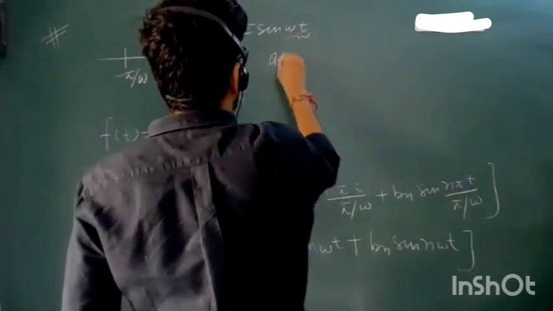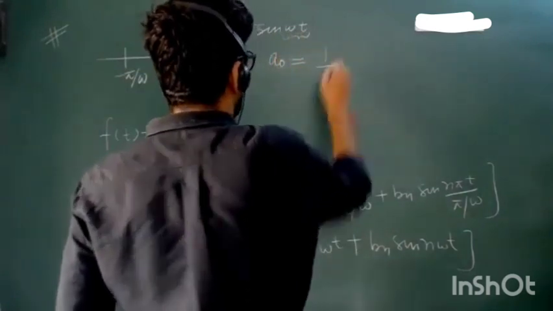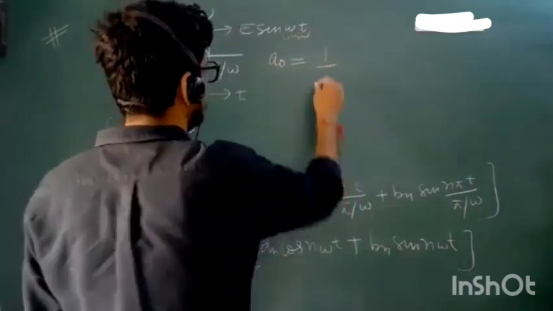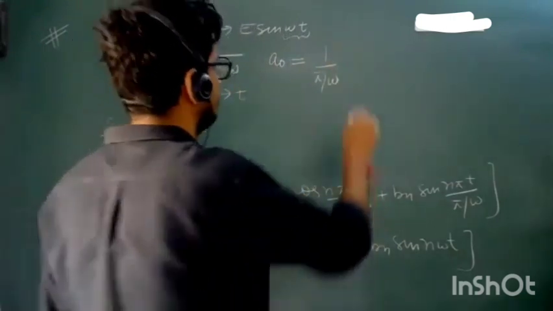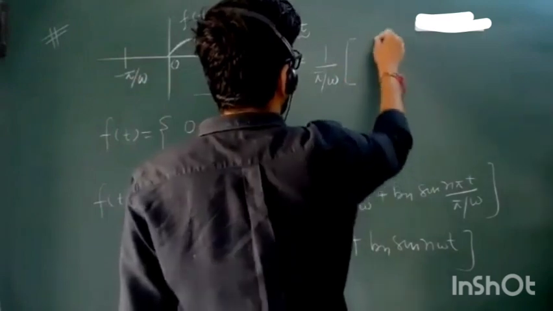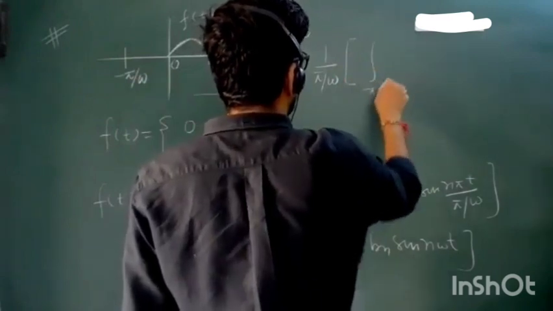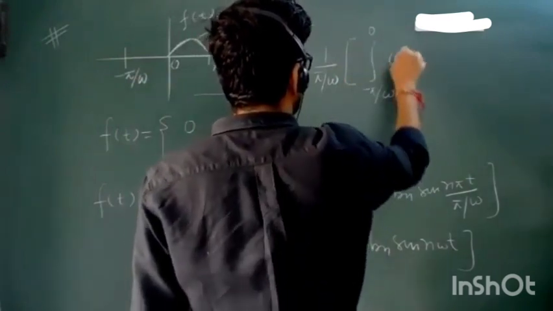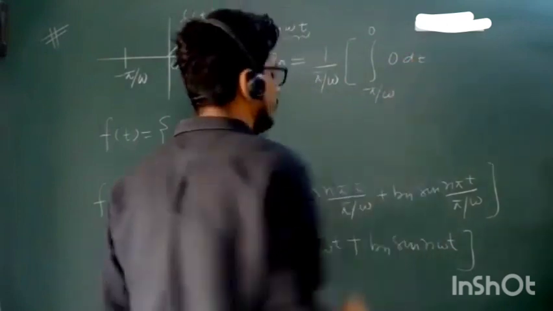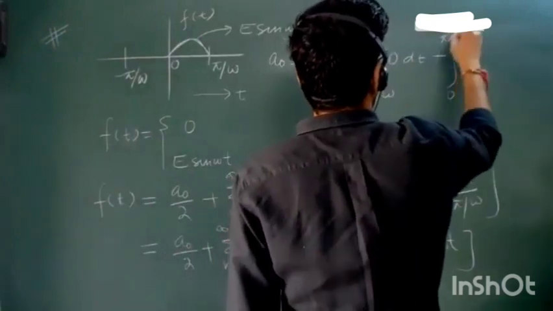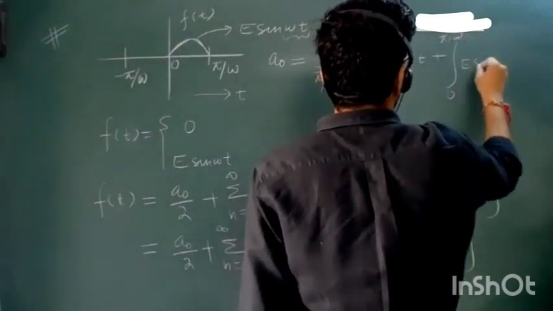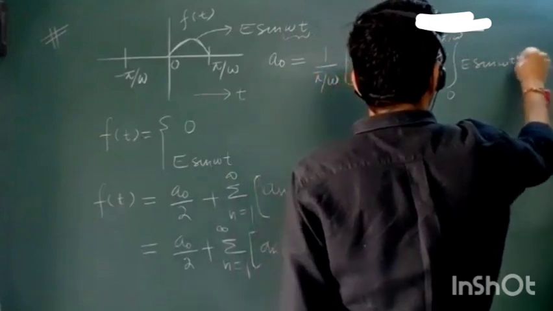So the value of a naught will be given by 1 by L, which is pi by omega, 1 by L, integral from minus pi by omega to 0 of 0 dt plus integral from 0 to pi by omega of e sin omega t dt.